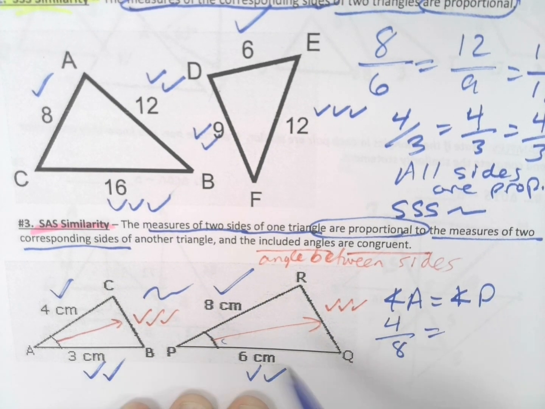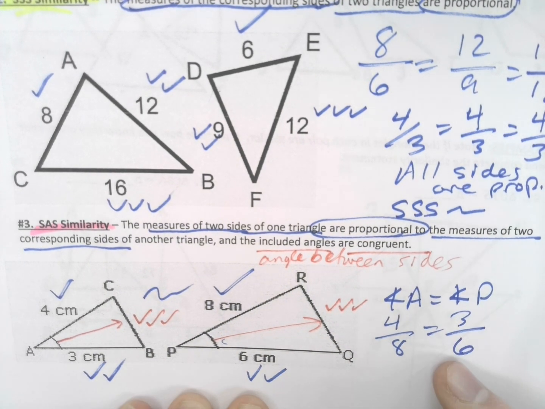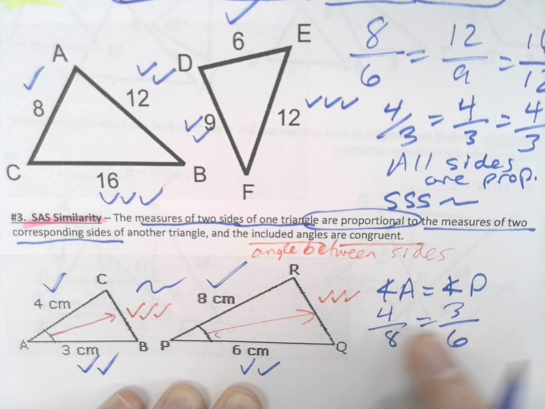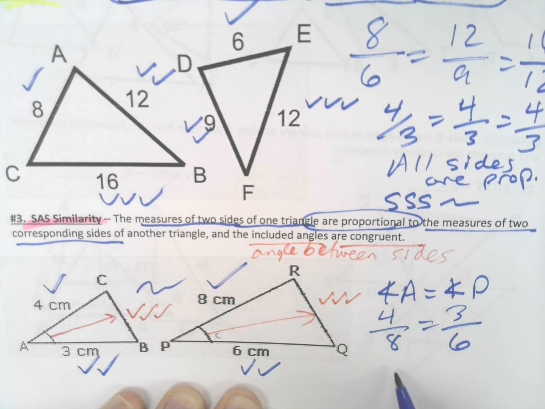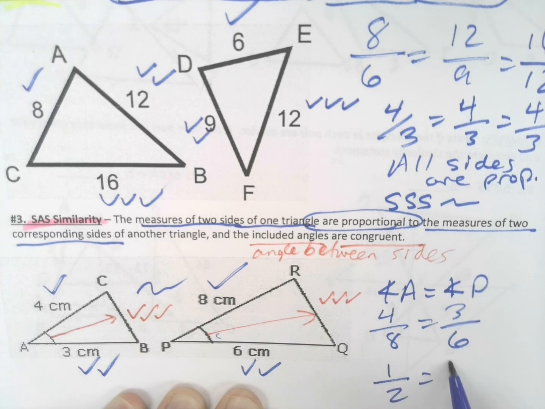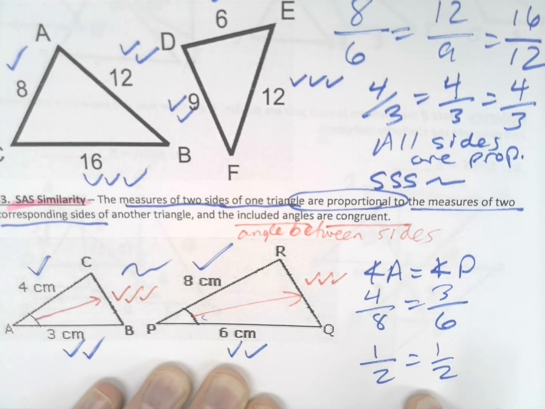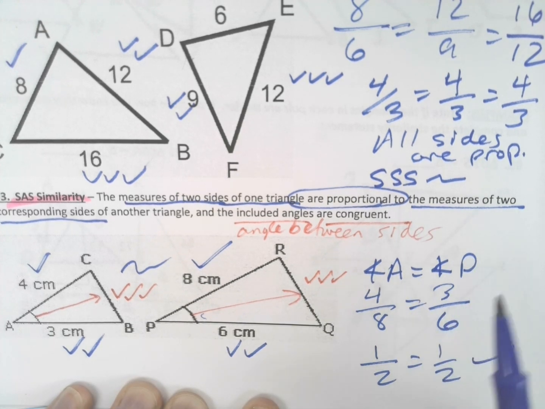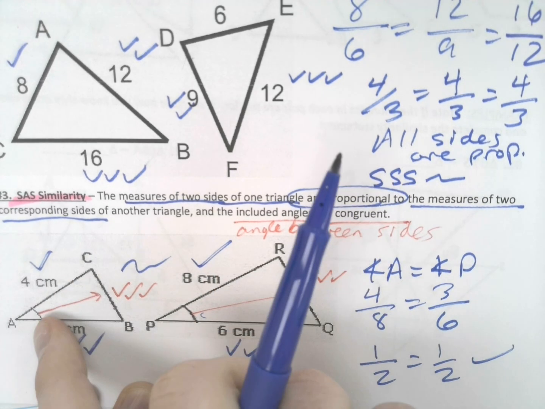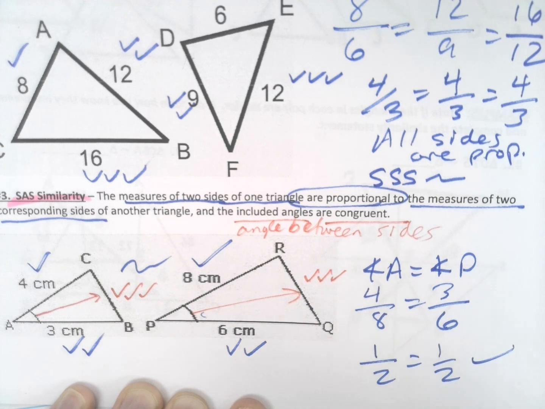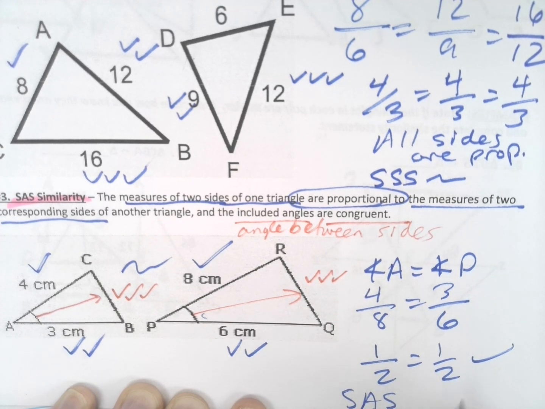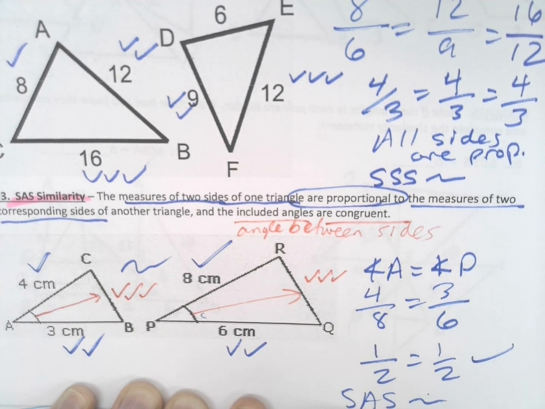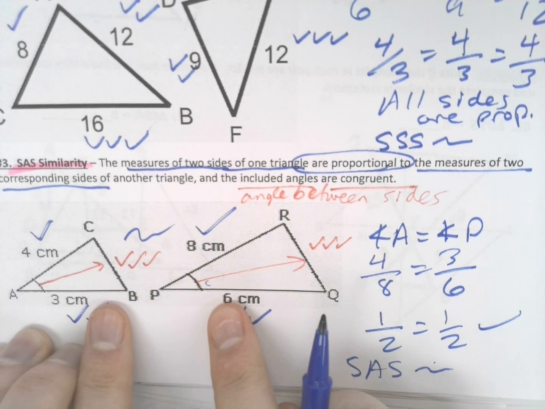And that should be proportional to 3 going over 6. And what do you notice? These two reduce down to 1/2, 1/2. And so we've got an angle and two sides. Side, angle, side, side, angle, side. That makes these two triangles similar.